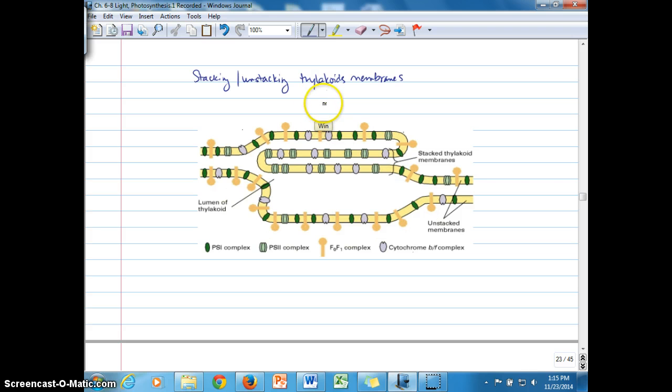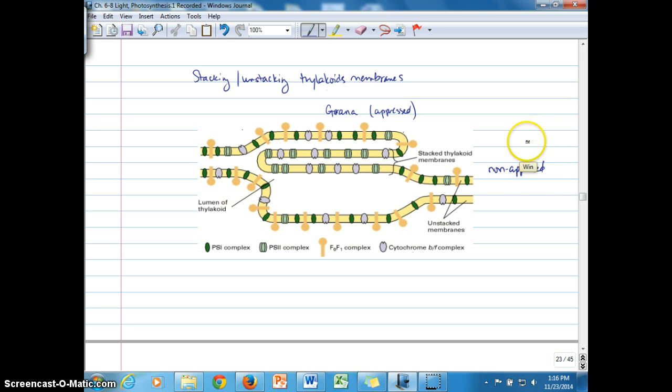You probably remember in looking at diagrams of the chloroplasts, there are stacks of thylakoids called grana, and the stacked regions are shown in this area. They're also called the appressed regions of the thylakoids in your textbook, where this would be the non-appressed regions.